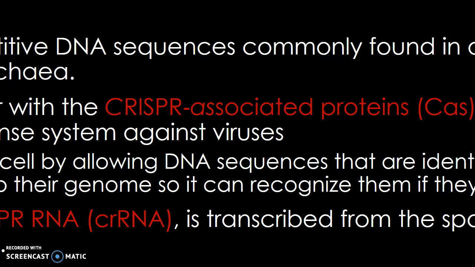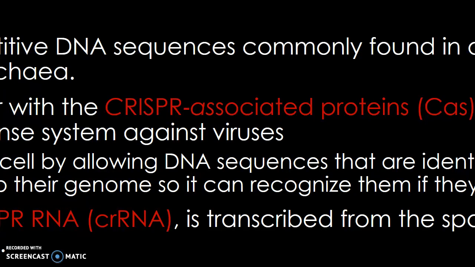So the video is a great introduction and gives kind of a visual of CRISPR and why we have CRISPR. So the big question, where did CRISPR come from? So this great technology developed, where did it come from? So CRISPR are repetitive DNA sequences that are commonly found in over 40% of bacteria, prokaryotes, and archaea.